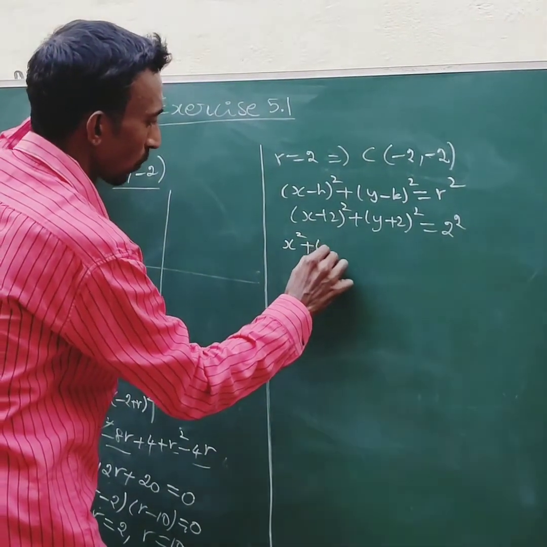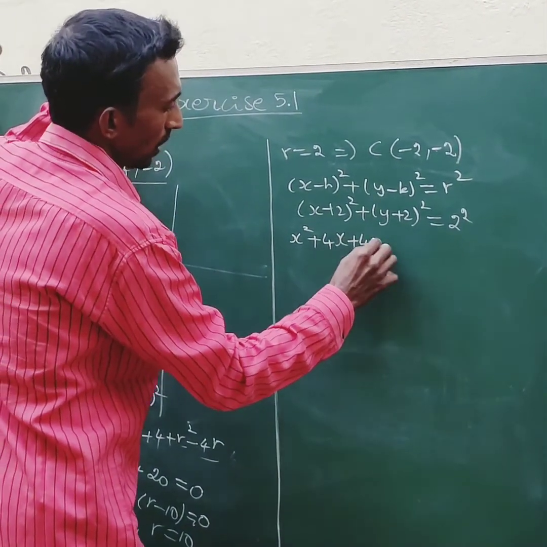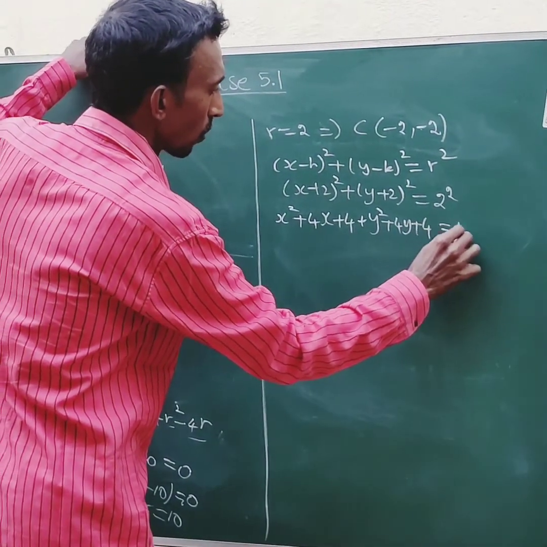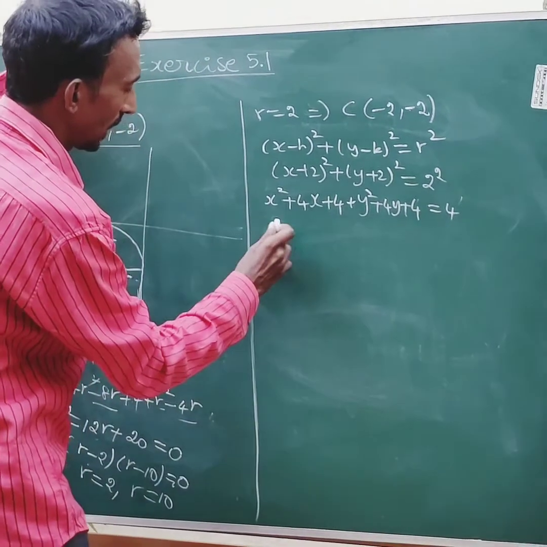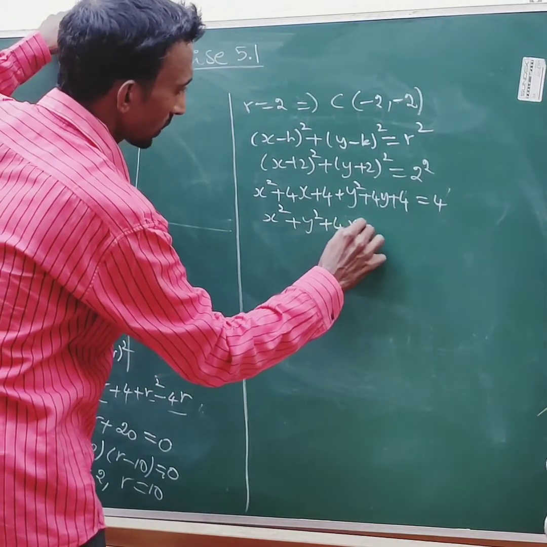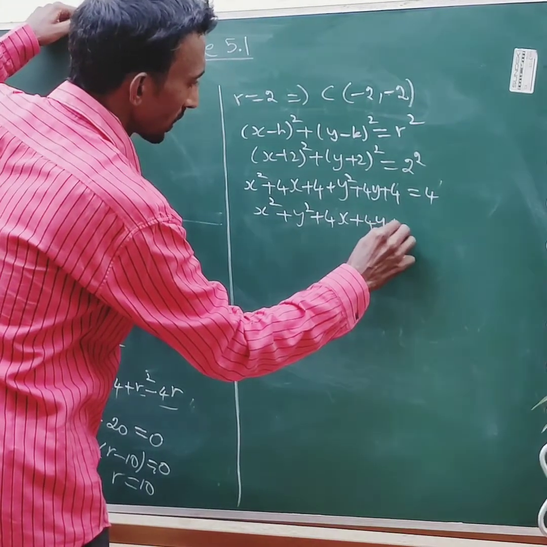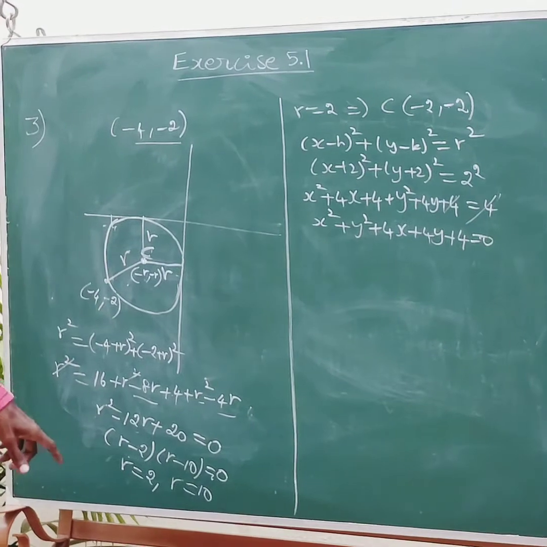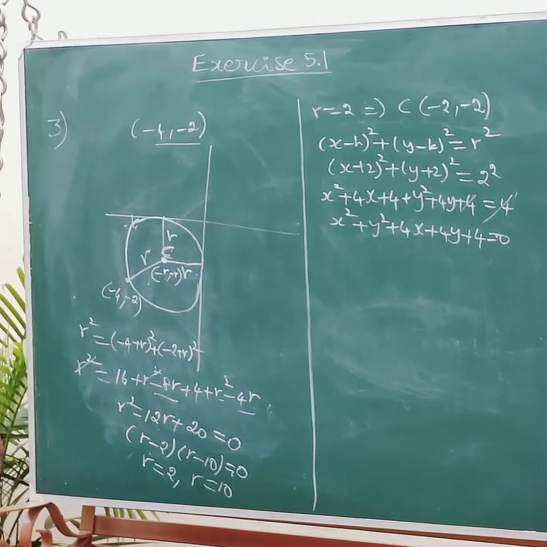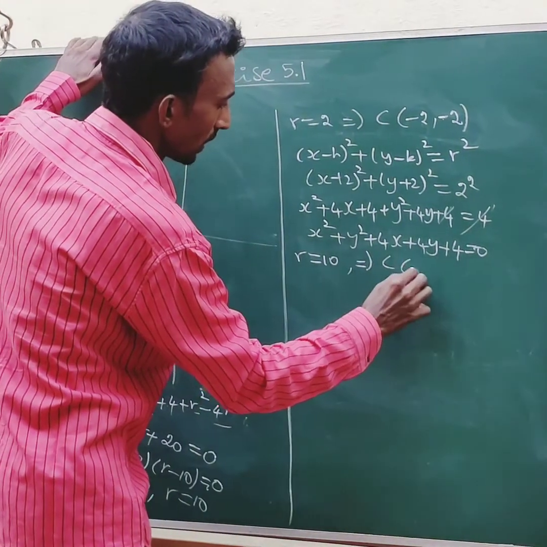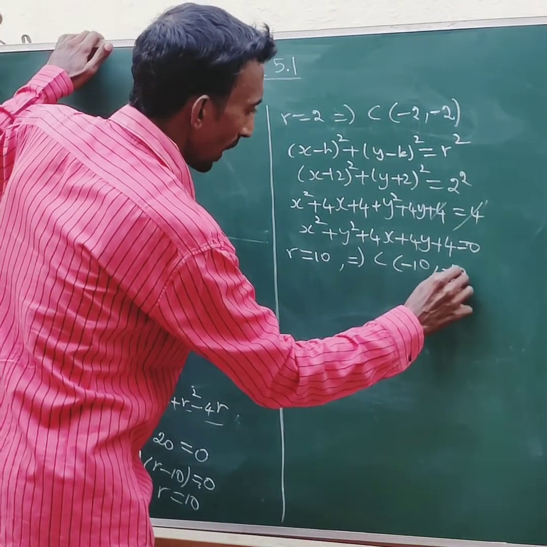x square plus 4x plus 4, similarly y square plus 4y plus 4 equal to 4. So cancel the 4. We are getting x square plus y square plus 4x plus 4y plus 4 equal to 0. Similarly, for the second one, r equal to 10, the center C is minus 10 comma minus 10.